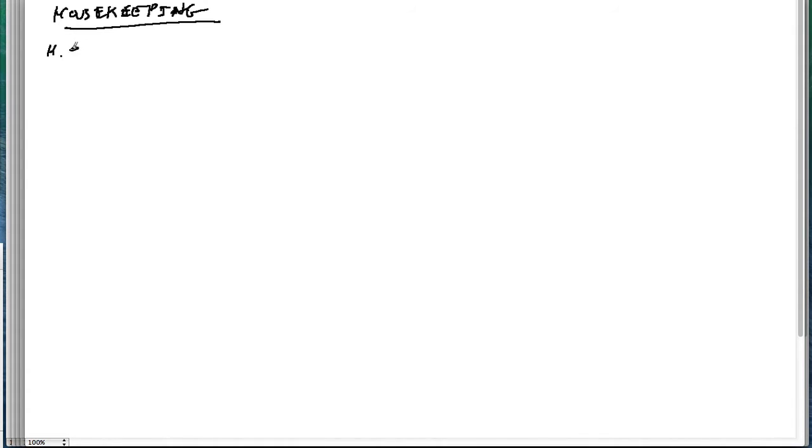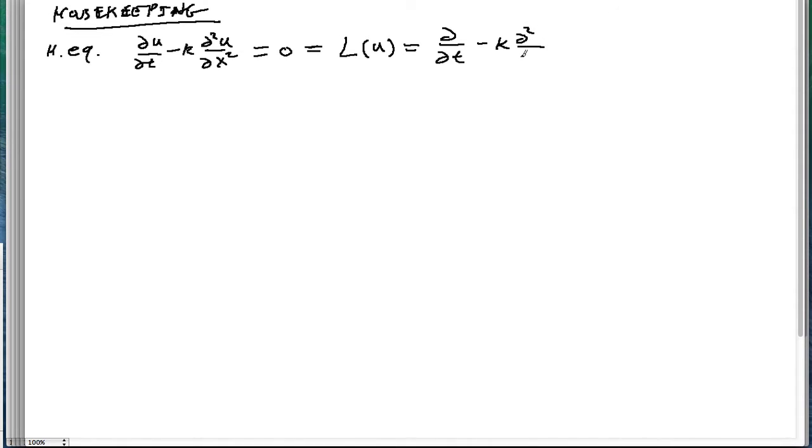First of all, let's write down what our heat equation looks like again. I'm going to rewrite it a bit as the partial of u with respect to t minus k times the second partial of u with respect to x, equal to 0. I'm going to rewrite this a little bit further and write it as a linear operator, L of u, which is the partial with respect to t minus k times the second partial with respect to x, in a big parenthetical with the u on the outside.